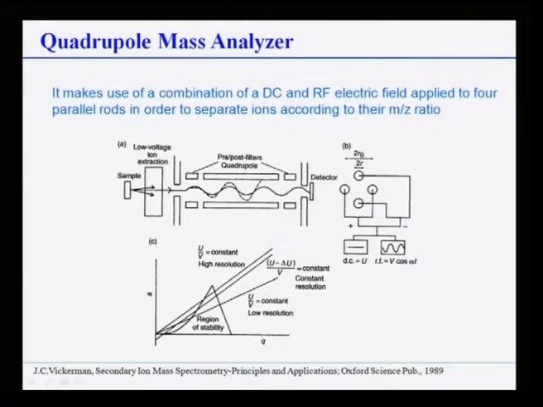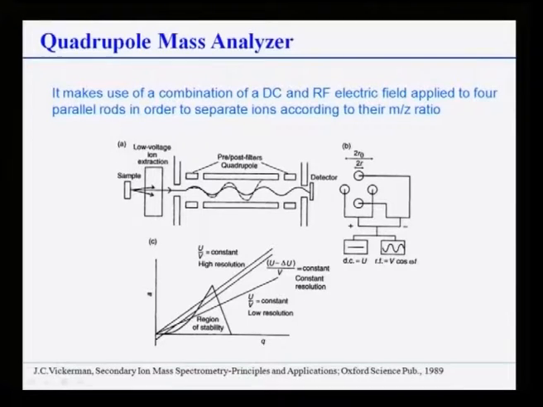Next one, and probably one of the best, is the quadrupole mass analyzer. The reason I am saying this is the best is because it allows even better measurement than single focus or double focus magnetic spectrometers. It makes use of a combination of direct current and radio frequency electric field applied to 4 parallel rods.